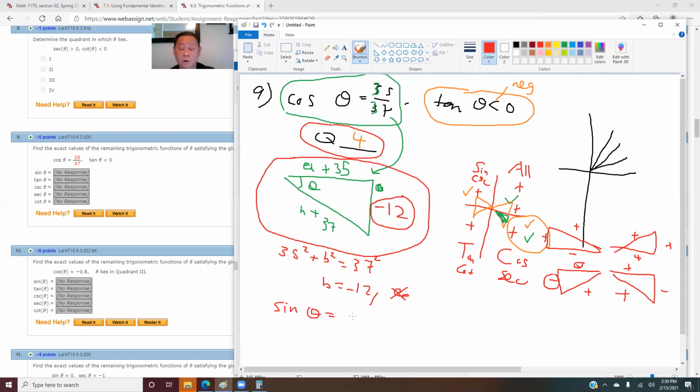Oh, it's opposite over hypotenuse, which is y over r. Look at here. What's your opposite and what's your hypotenuse? Your triangle is redrawn. Negative 12 over 37.